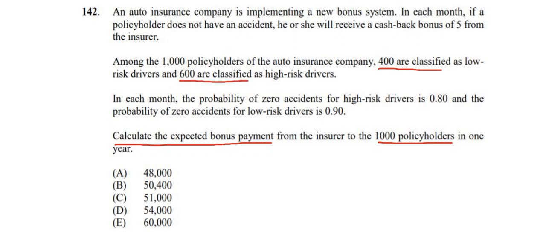So 400 are low risk drivers, and 600 are high risk drivers.